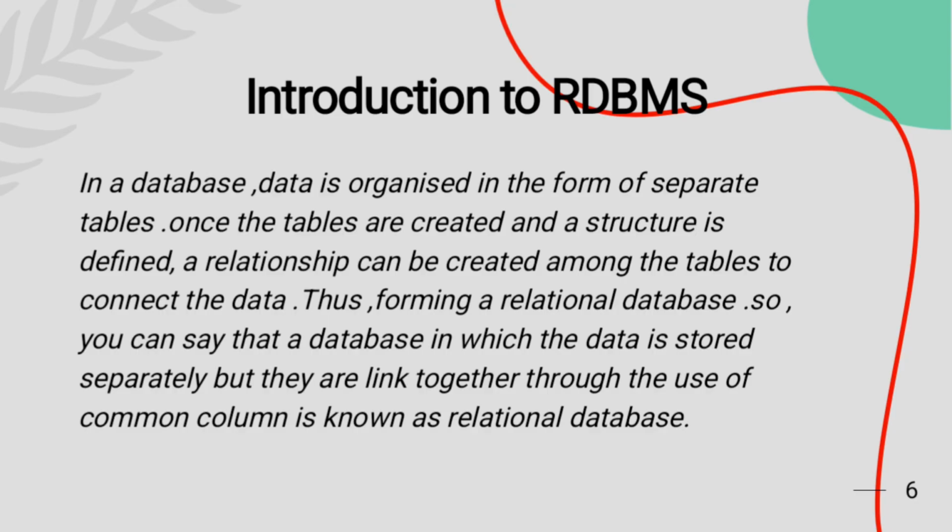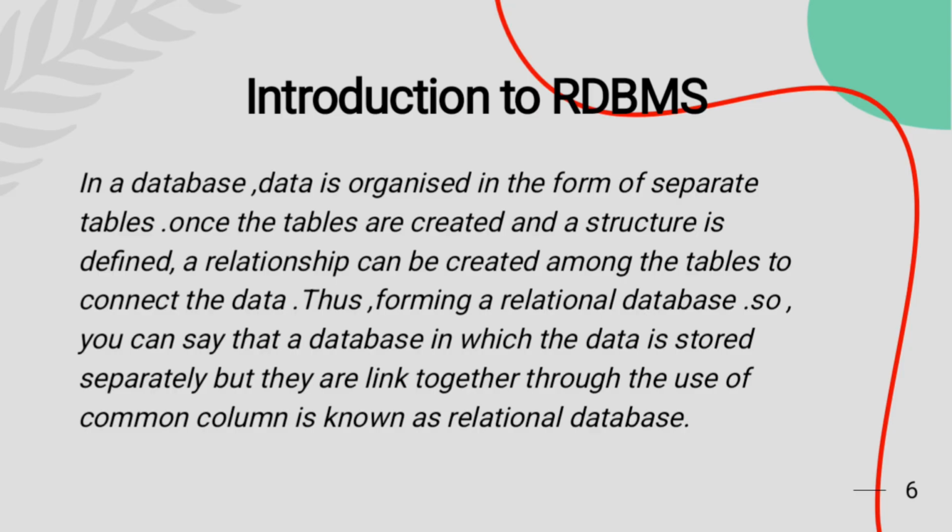For example, you have two tables. Okay, first student table, second marks table. Student table fields: roll number, name, class, and marks table: roll number, subject, marks. But how to connect two tables?